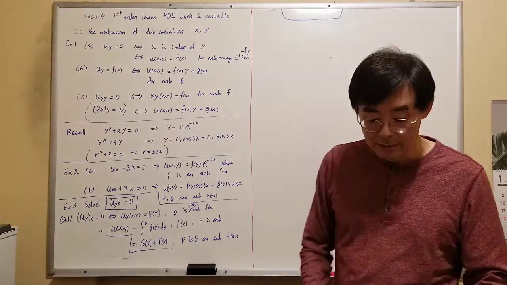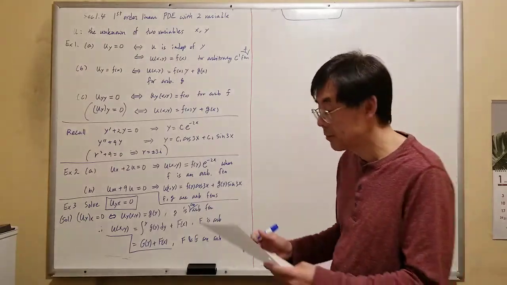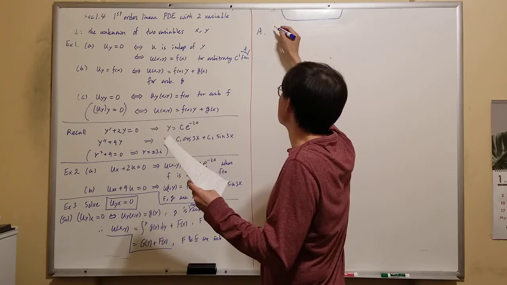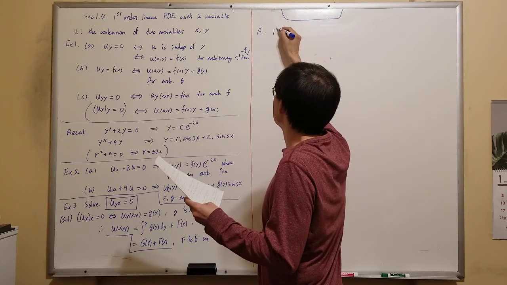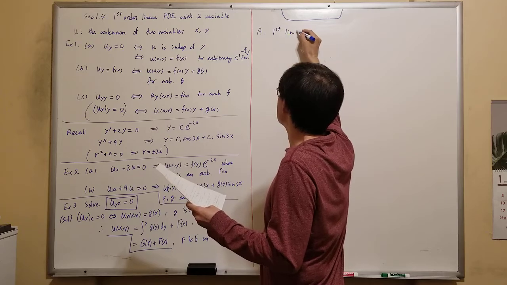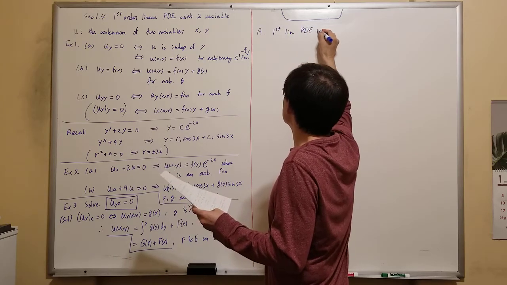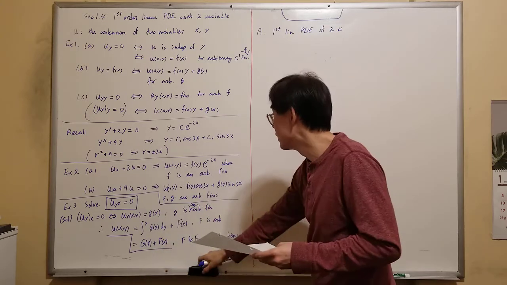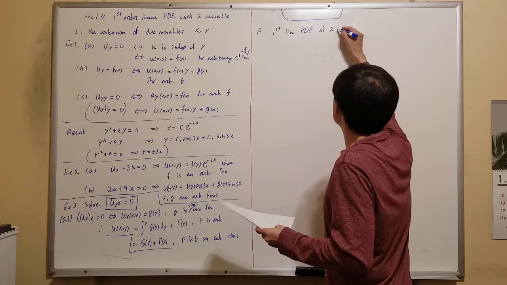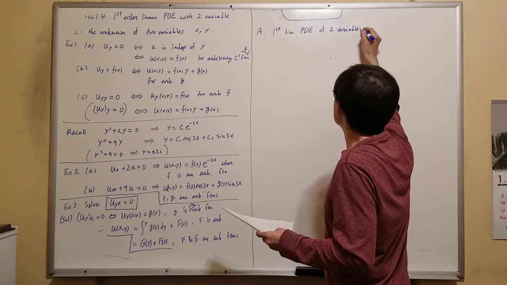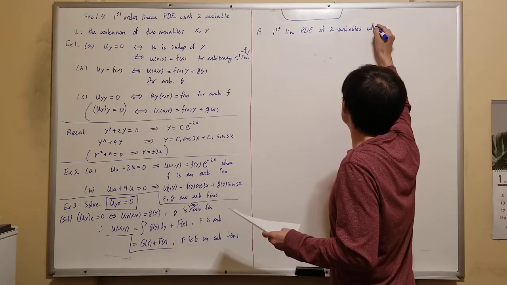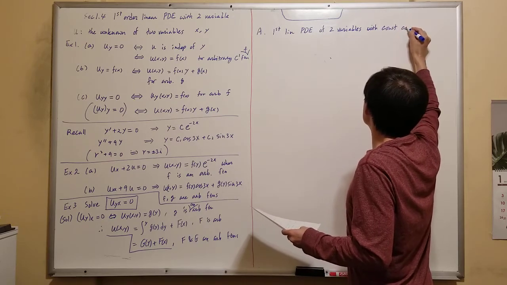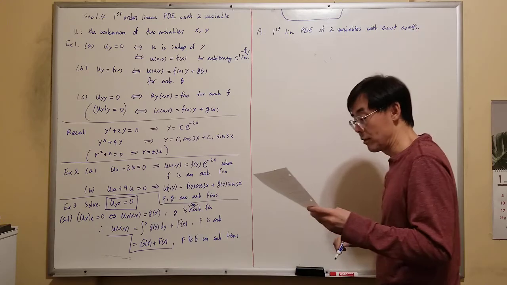All right. Now next, I'm going to call it the constant coefficients. Okay. So first order linear PDE of two variables with constant coefficients.